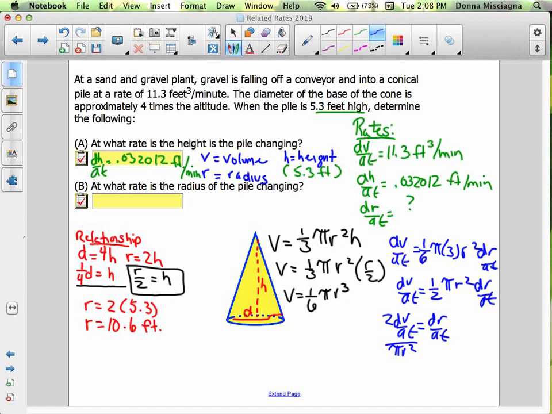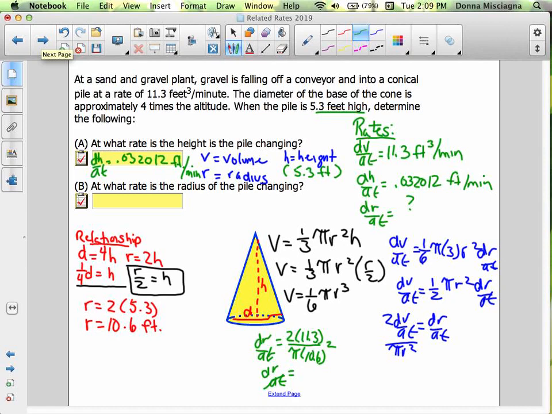So now let's plug in and see what we get. dr dt is 2 times 11.3 divided by pi, and then the radius we got was 10.6 squared. Now I'm just going to give you the decimal equivalent. I'm not going to even make it in terms of pi. What's the point? We already have to round for those values anyhow.